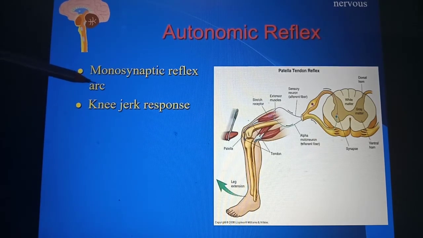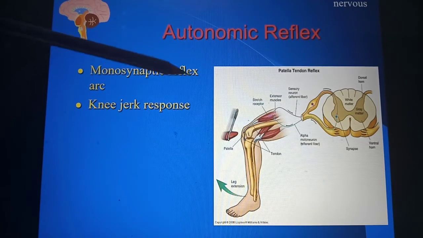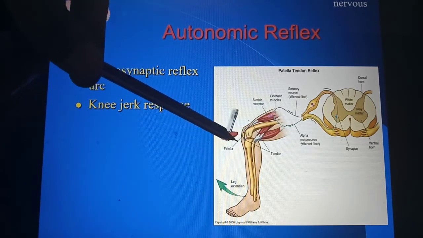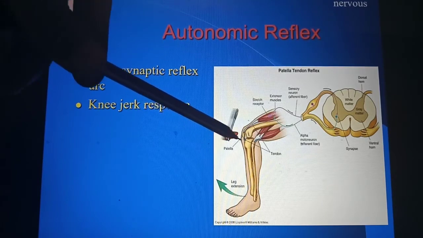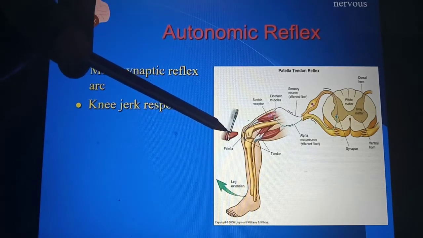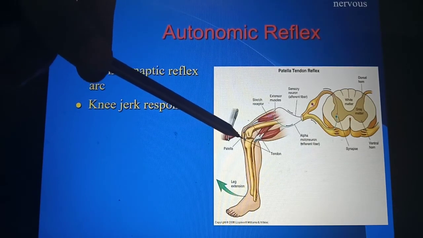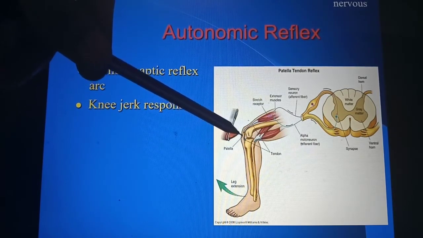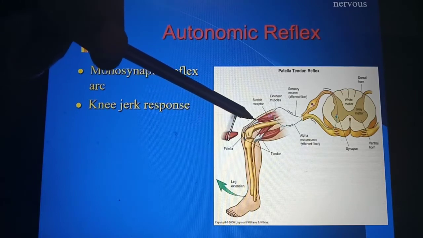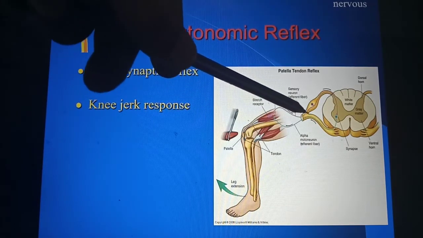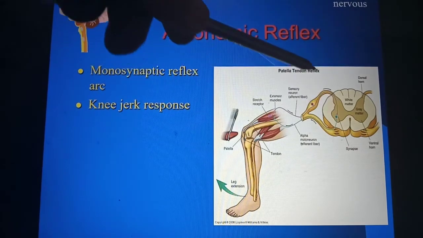Monosynaptic means there is only one synapse, one nerve joining to another nerve, only one joining area. Here the patellar tendon is hit by the knee hammer. So the information goes from the area where you hit the patella, is taken through this muscle and the sensory neuron, and joins here.